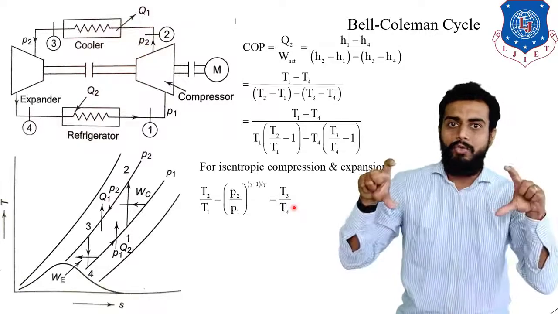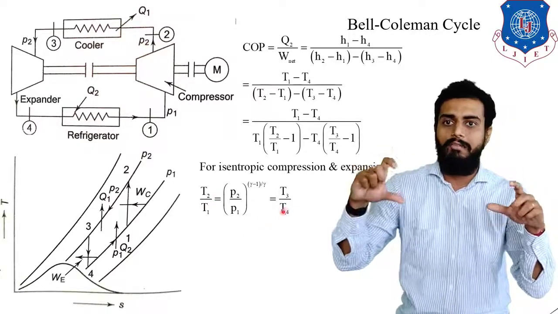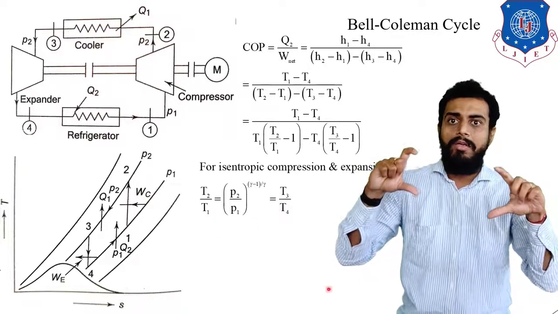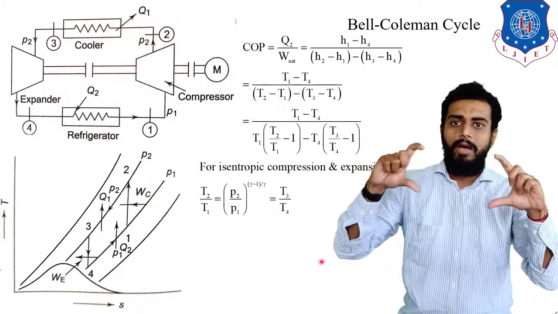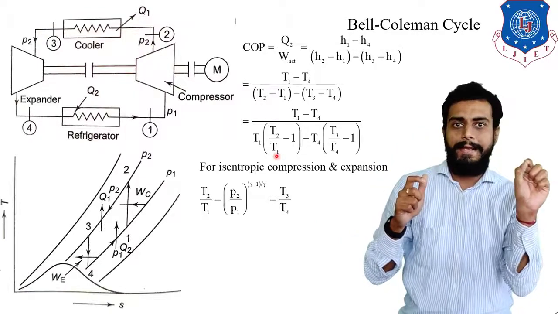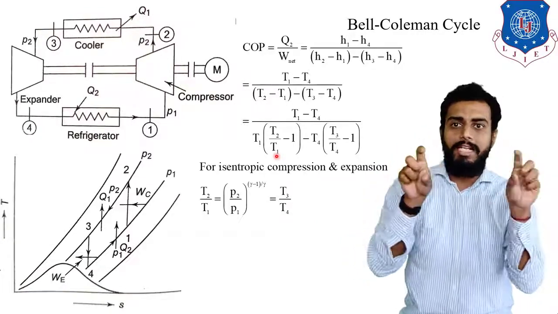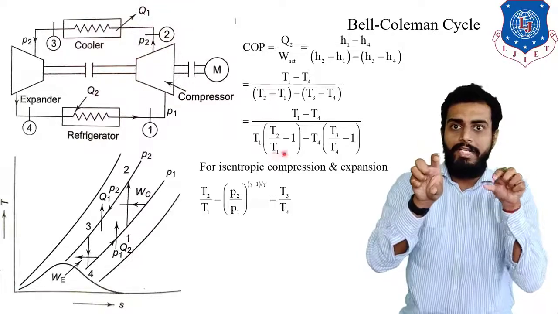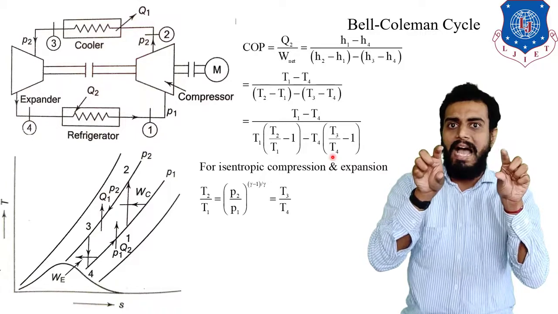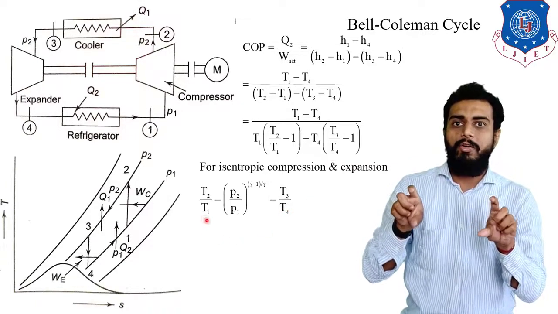So ultimately these two temperature ratios, T2 by T1 and T3 by T4, will be the same, right? So now observe the above equation. In the denominator we have the T2 by T1 term and the T3 by T4 term. Those both terms are the same according to the PVT correlation.